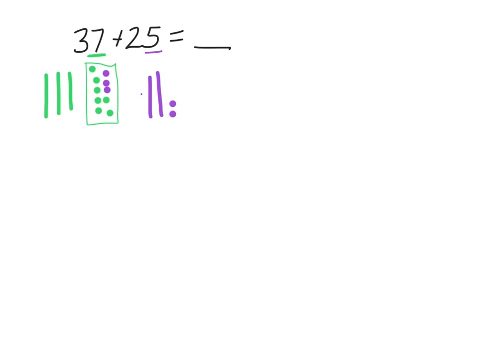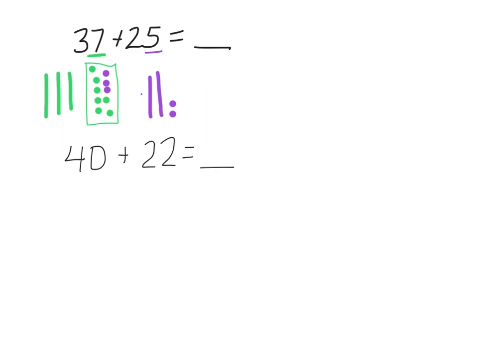Let's look at our new addends now. 37 has now become 10, 20, 30, 40. And 25 has become 10, 20, 21, 22. So now this is our new addition sentence.